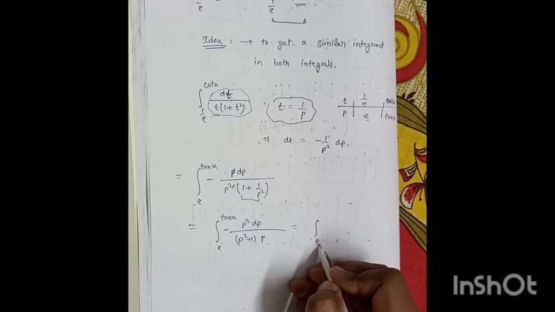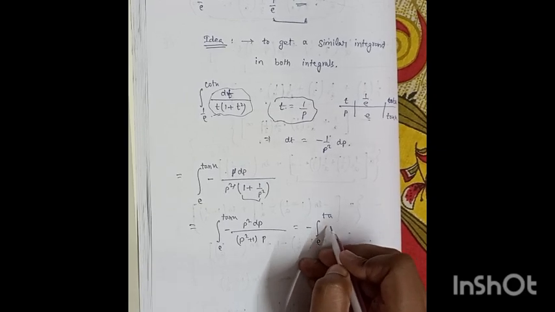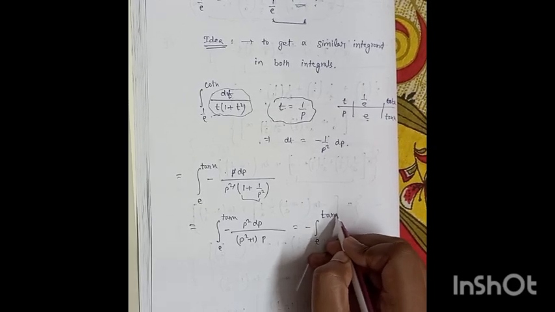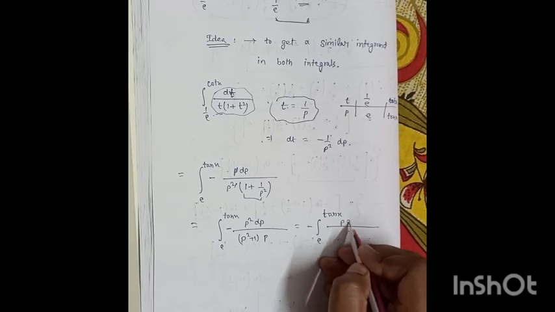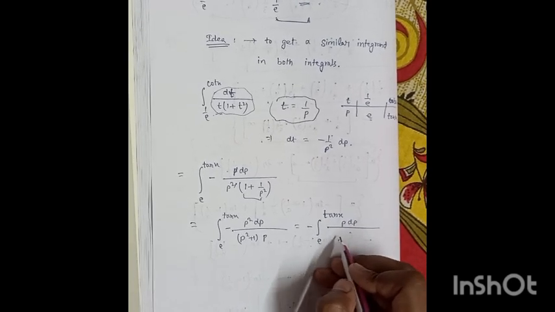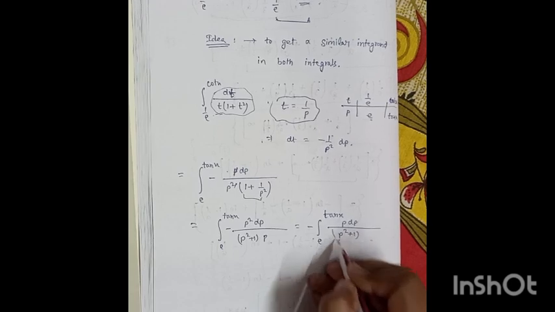So this becomes the negative integral from e to tan x, then the integral becomes the integral of p dp over p square plus 1.